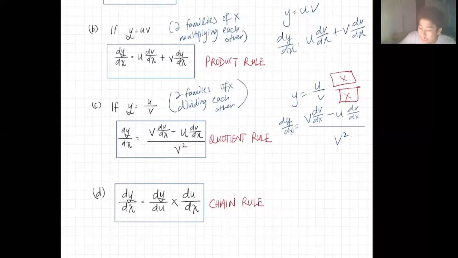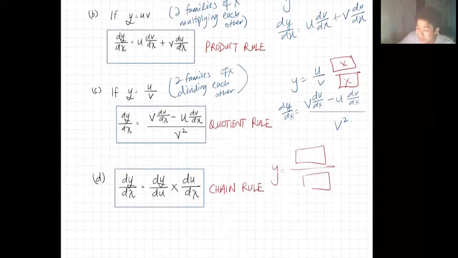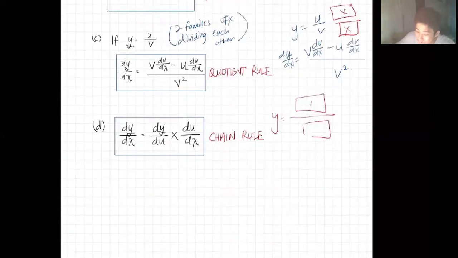Basically, what it means is, if you have two families of x dividing each other, I just label them 1 and 2. So when you differentiate dy dx, you copy the number 2, then you differentiate the first one, which I write as d1.